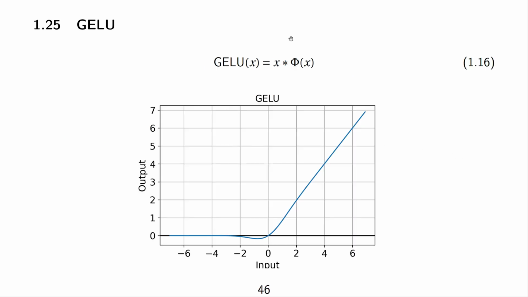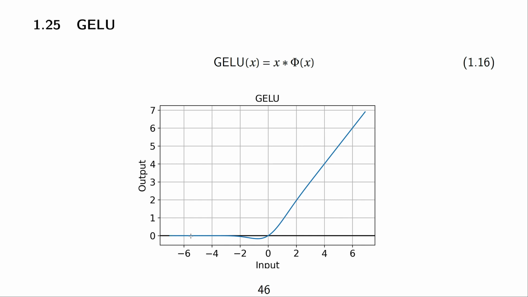The GELU function is x times the cumulative distribution function of the Gaussian, or the normal distribution. So what you see here is that now for the first time the function is not monotone.